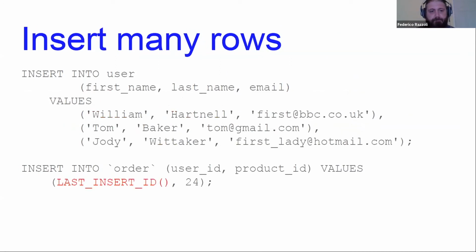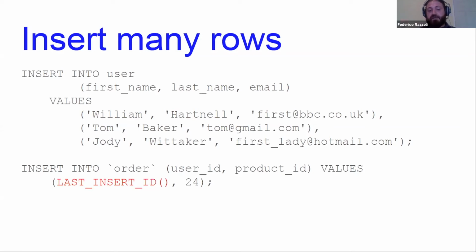Okay. And the last thing I wanted to mention here is, sometimes in a relational database, you want to insert some rows in a table, and then you want to insert some rows in a linked table. So for example, here you have a user table, you are inserting some users, but then you also have an order table, and in the order table, you have a column referencing the users, okay? So a column containing the users' IDs.